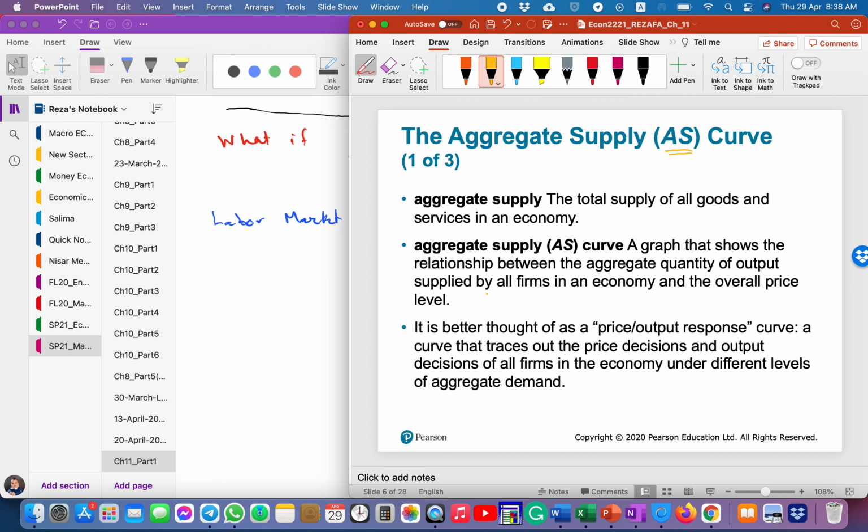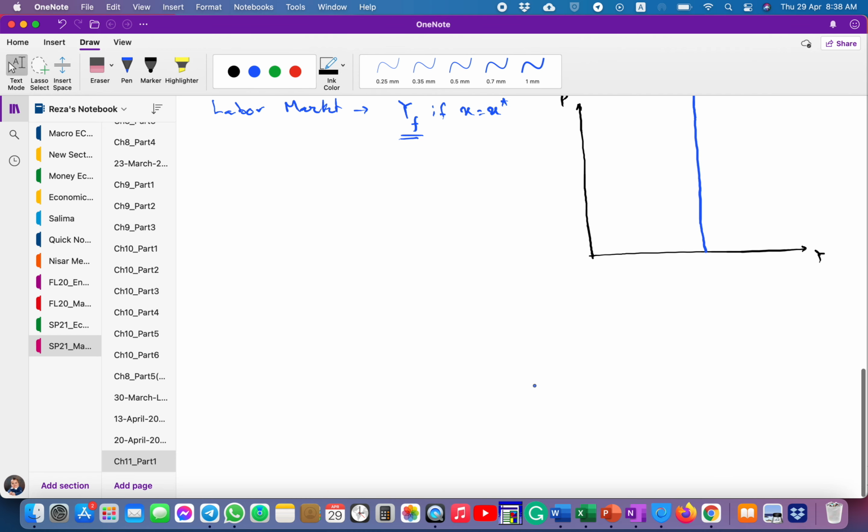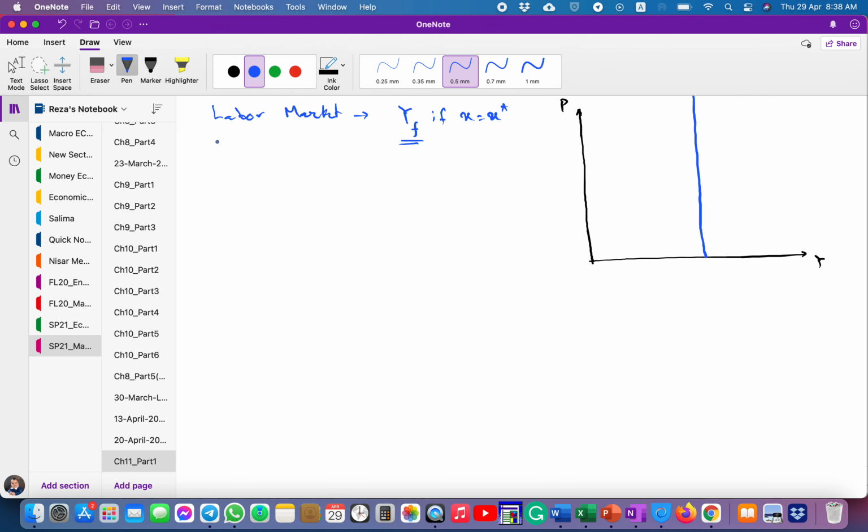A better name for the aggregate supply is basically the price-output response curve. Let me explain the aggregate supply in a better way. We had the circular flow diagram, and I only picked the part related to the firms.